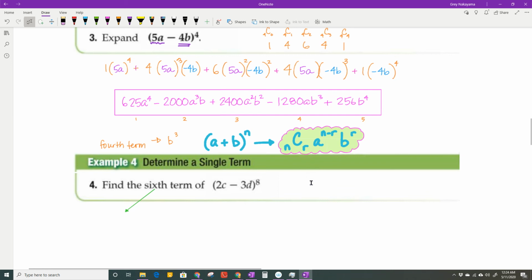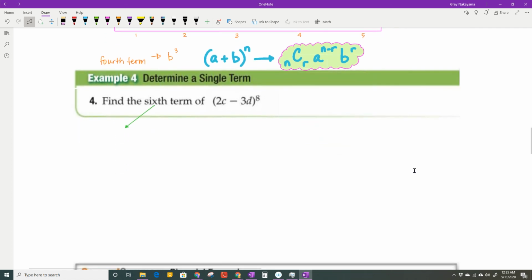They call this, and I didn't come up with this, so don't give me credit for it, the Cranberry Rule, because if you see N C R A N-R B R, it kind of looks like cranberry. Whatever your R is, that's the exponent of your B term. And then this is N minus R, because remember these two exponents will always add up to whatever N is.